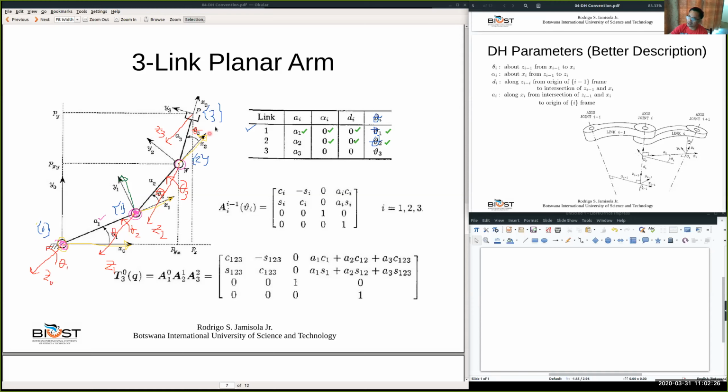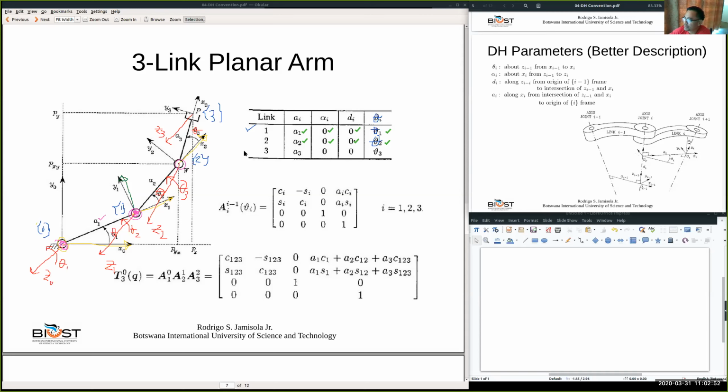X2 is going in that direction, so this is positive. So from here to there, the ray of X2 is going in that direction, and so we are going towards the positive direction of X2. And so we call this distance our A2 now. Okay, so that is A2. Okay, we're done with frame 2. Okay, now let's go frame 3.